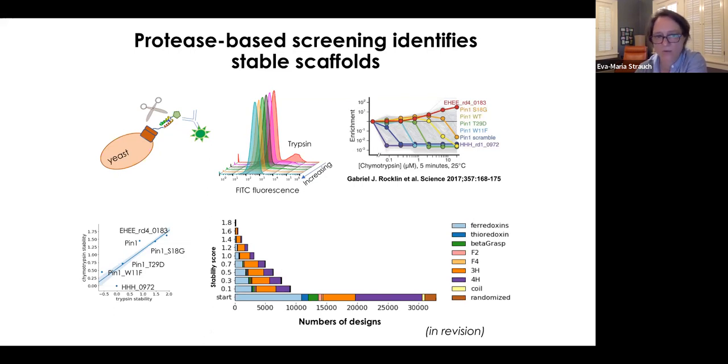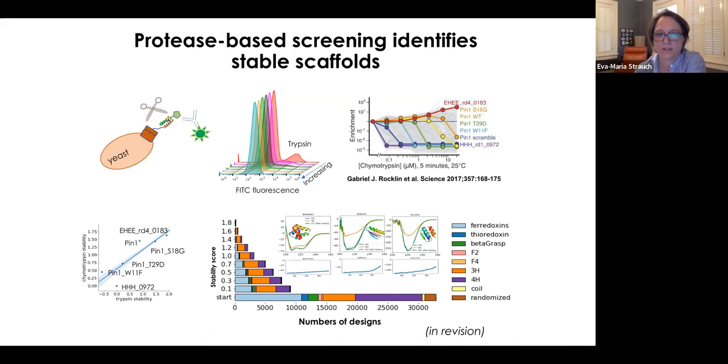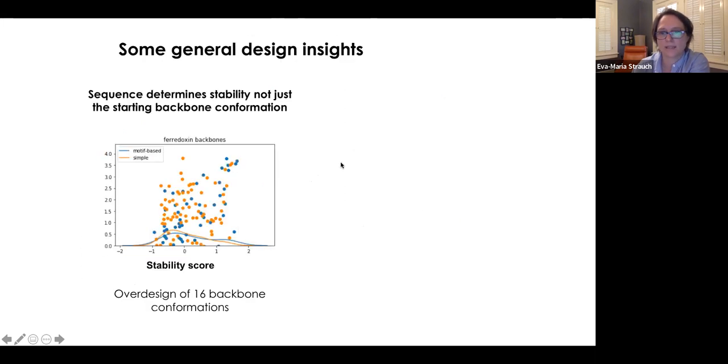So we now have over 7,000 designs that are folded and represent different folds, and here it's reflected where they all come from. And you can use a circular diagram to see whether they are folded and how stable they are, so that was pretty nice. So here are some general insights.